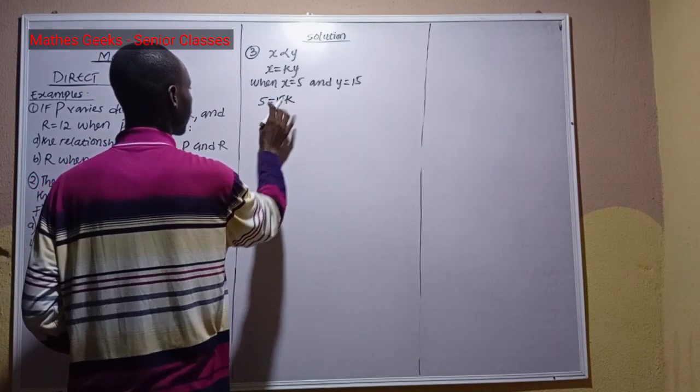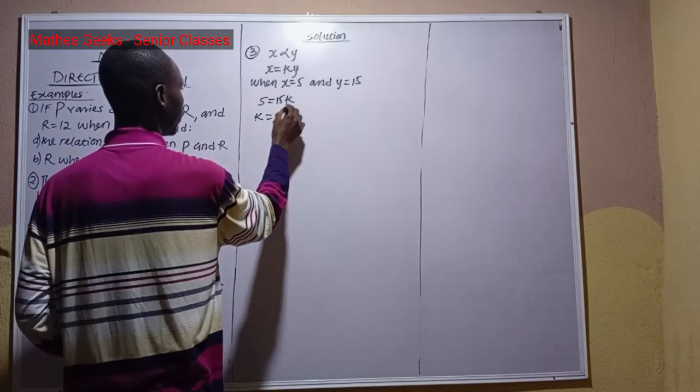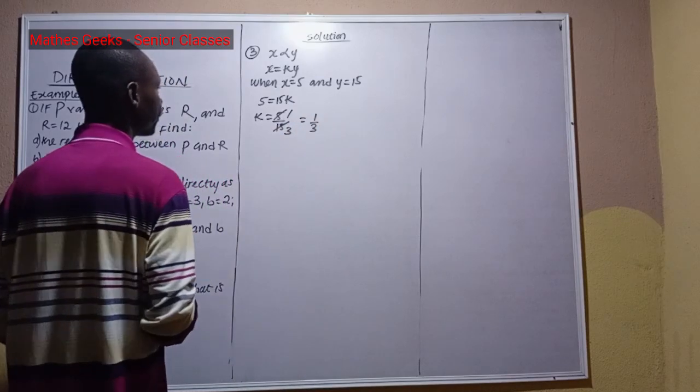To get K, divide this side by 15. So K equals 5 over 15, which equals 1 over 3.